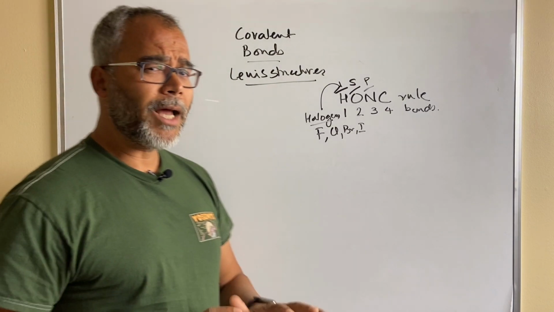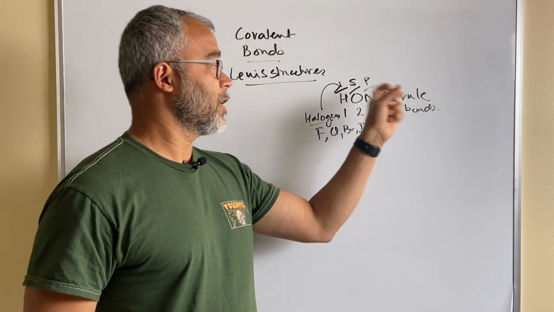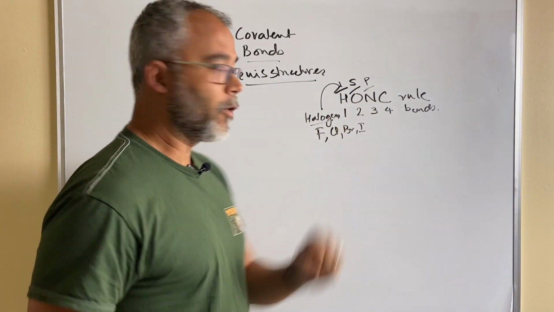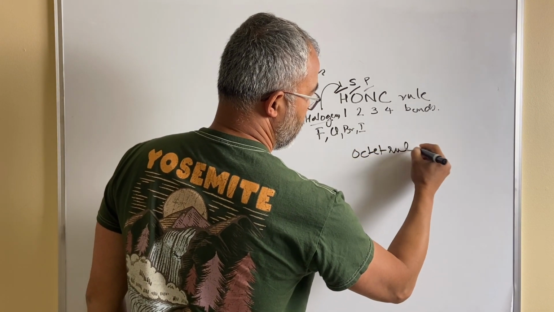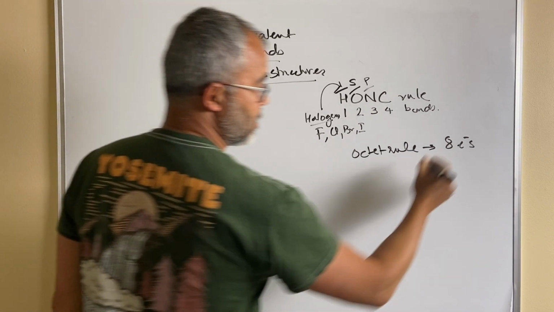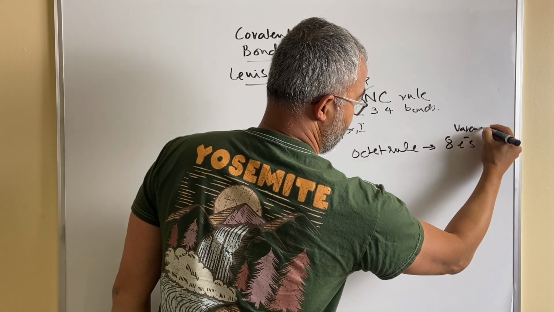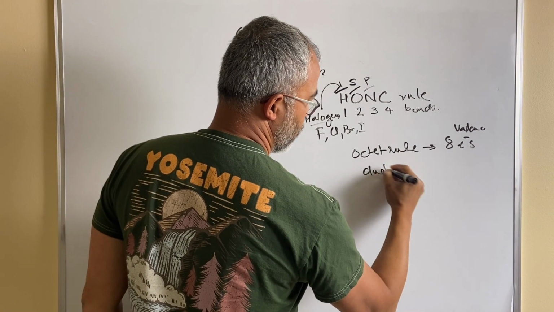All right, so right now we're just going to keep it real basic, and we're just going to look at hydrogen, oxygen, nitrogen, carbon, 1, 2, 3, 4. And then the other rule I want you to remember is the octet rule, where every atom wants 8 valence electrons. And then couple that with the duet rule.